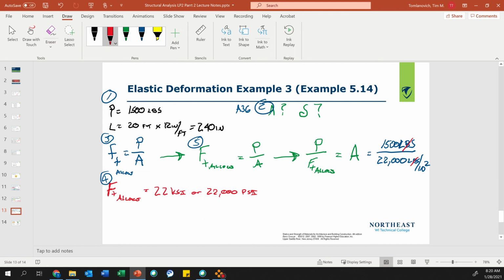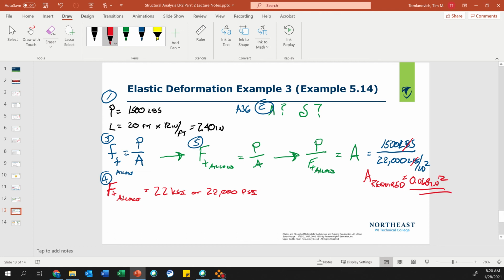So 1,500 divided by 22,000, I get an area. I'm going to call it area required, because that's what we're looking for. It equals 0.06868 square inches. That is the area of steel.